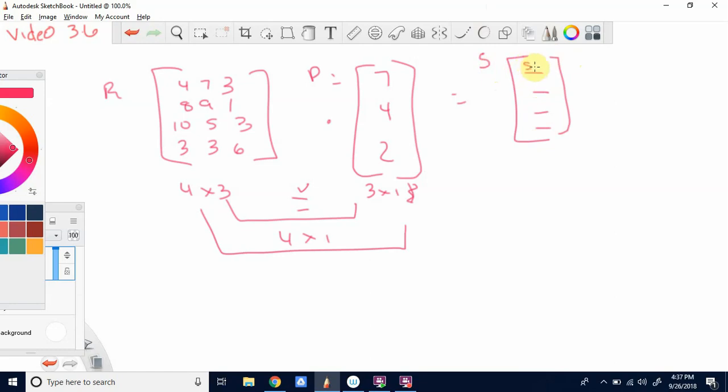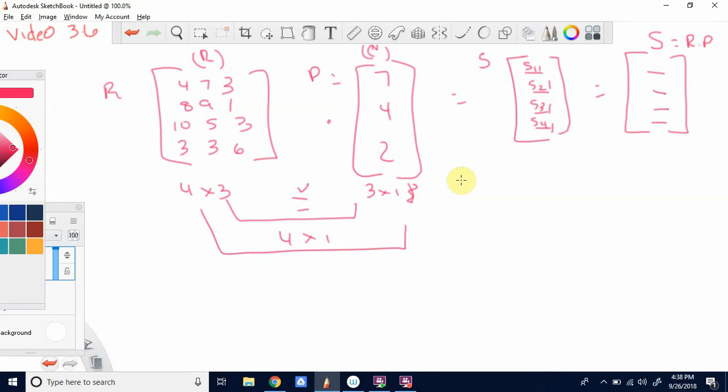So this is going to be S11, S21, S31, S41. This is going to be the rows, and this is going to be the columns. All right, so we need to do 1, 2, 3, 4 multiplications. So our result of 1, 2, 3, 4. This is S, which is R times P. All right.